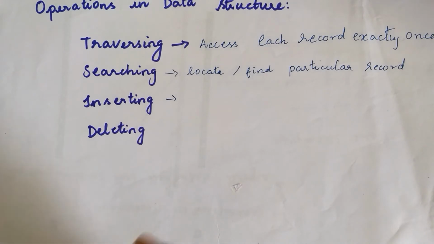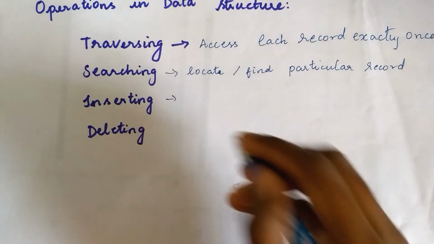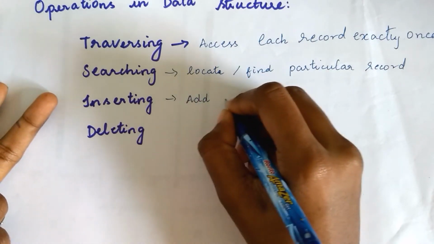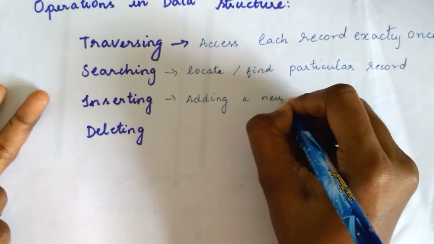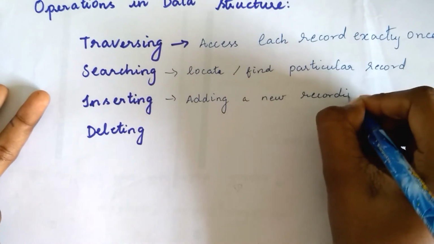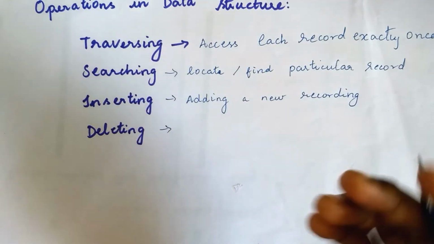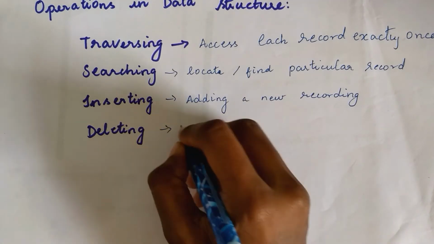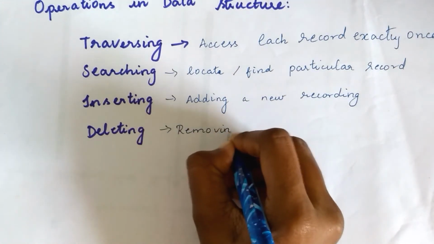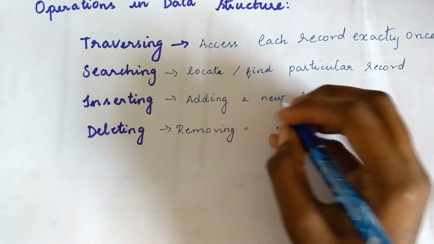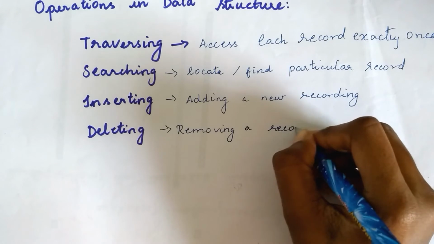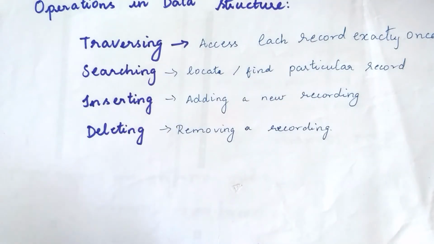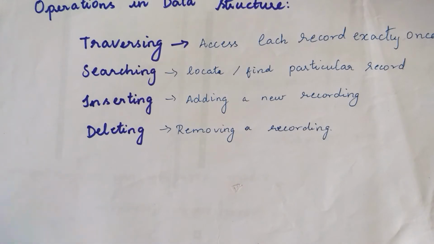Inserting is adding a new record to the data set. Similarly, deleting is nothing but removing an existing record from the data set. So these are the four operations in data structure.